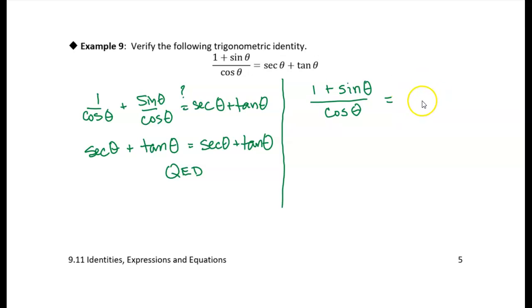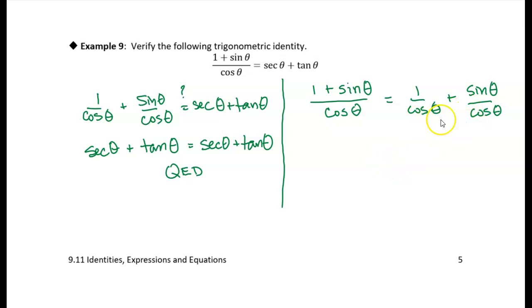Because I know I can rewrite secant in terms of cosine, and I can write tangent in terms of sine and cosine. So secant is 1 over cosine of theta, and tangent is sine of theta over cosine of theta. I'm just rewriting everything in terms of sine and cosine.